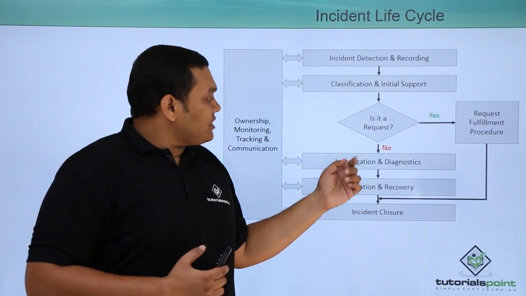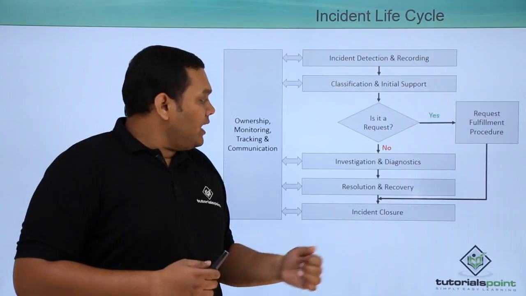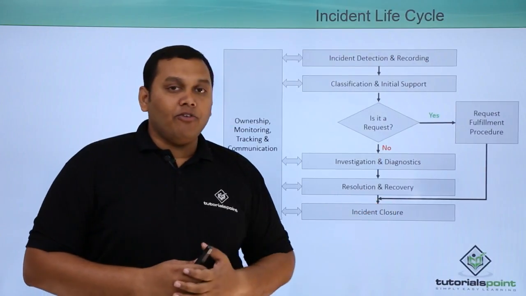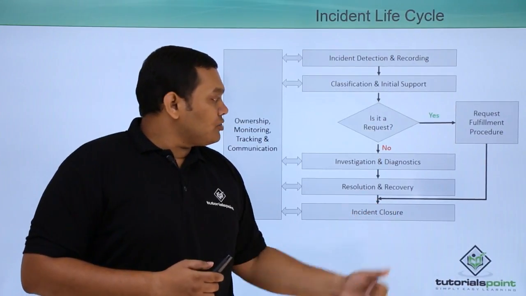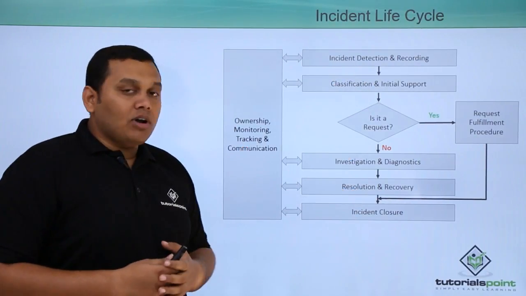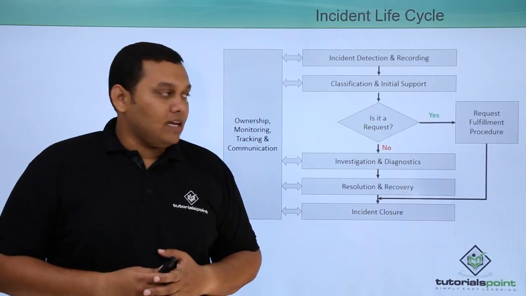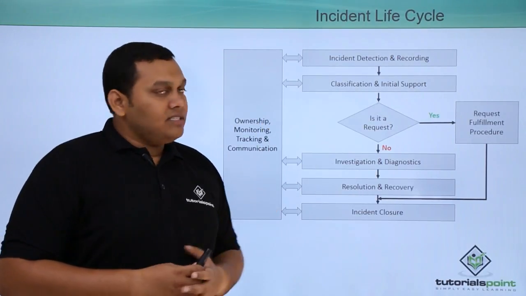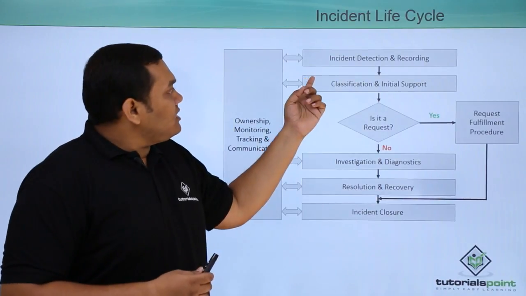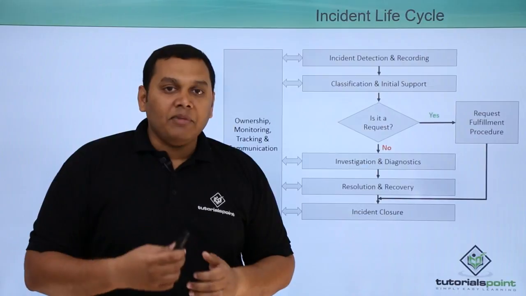If it is not a request, investigation and diagnosis is performed, and resolution and recovery is carried out again, and the incident is closed. In all these steps, the ownership, monitoring, tracking and communication should be very clear with the customer. So, this is the incident life cycle, and each of these points will be discussed in detail in the coming videos.